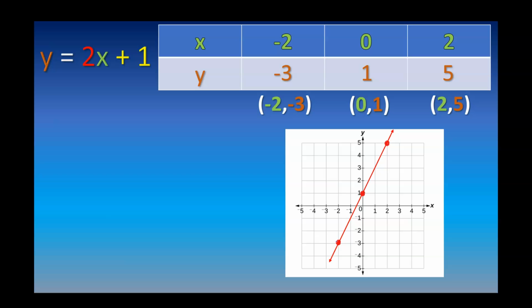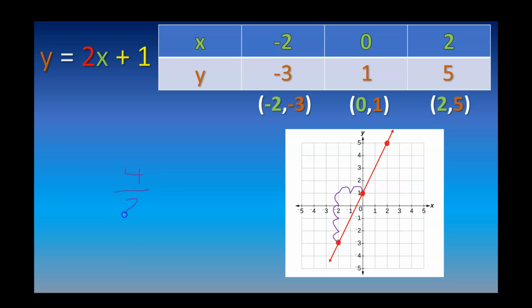To get from this point at negative 2, negative 3, to this point at 0, 1, we have to go up 1, 2, 3, 4 steps. And then we go to the right 2 steps.